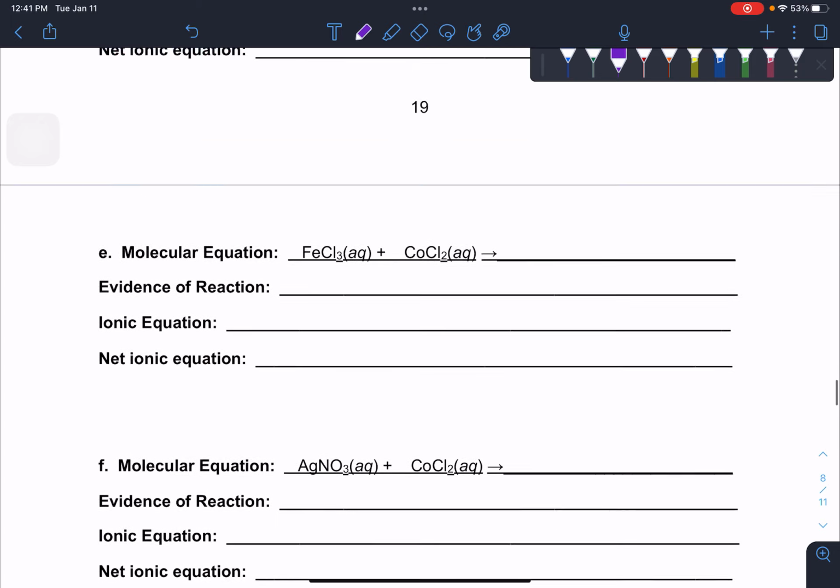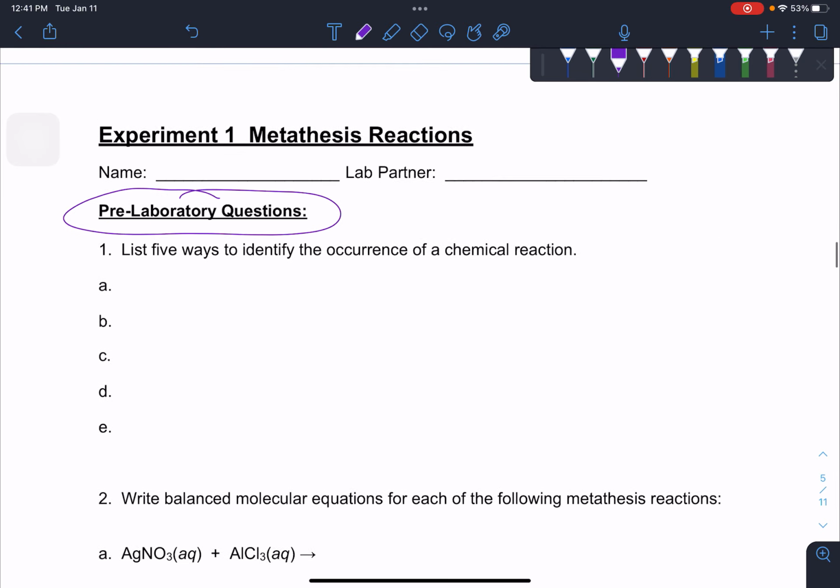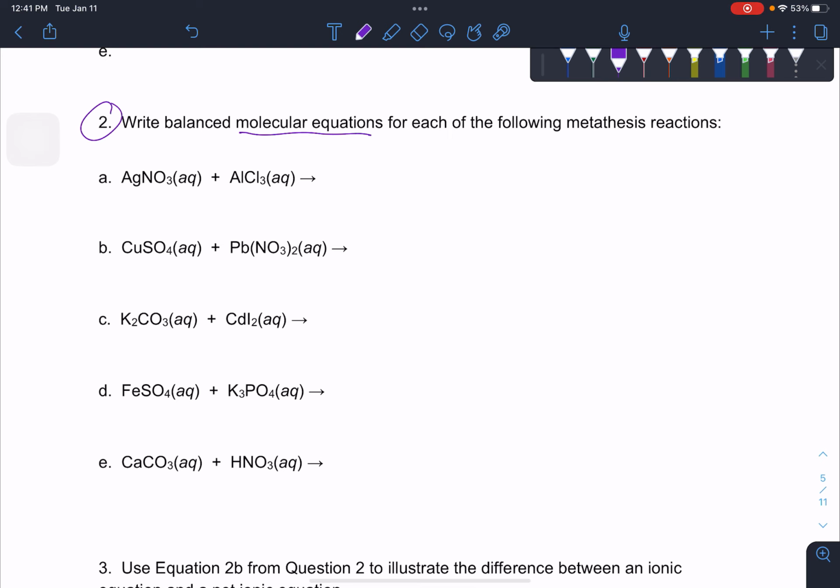But first, while we're talking, let's look at the pre-lab questions real quick. On number 2, it's only wanting the molecular equation. So you don't have to do the pluses and minuses, it's just writing the correct end result.